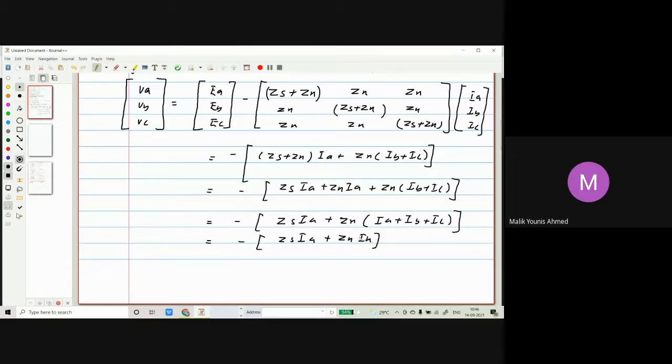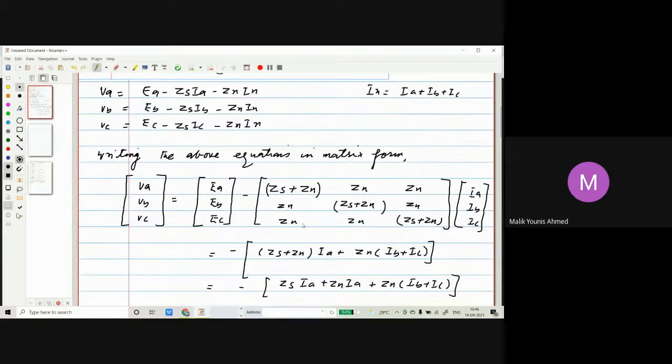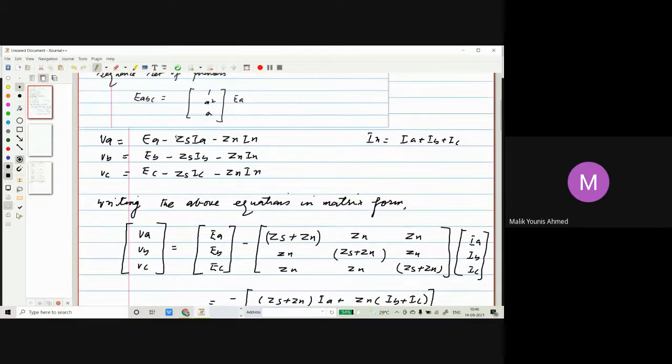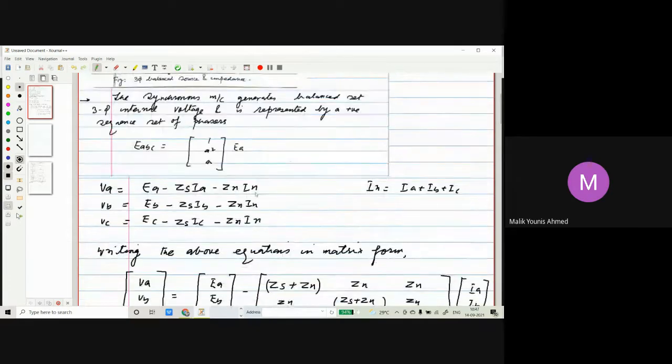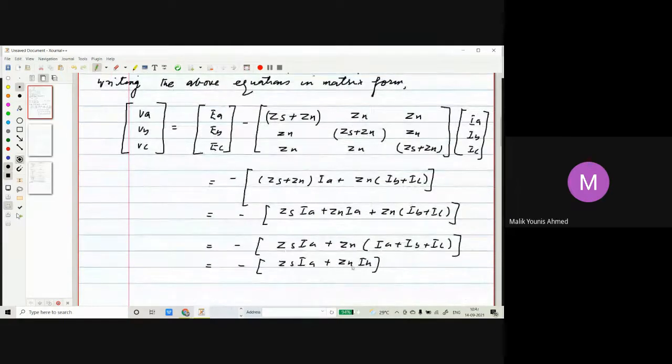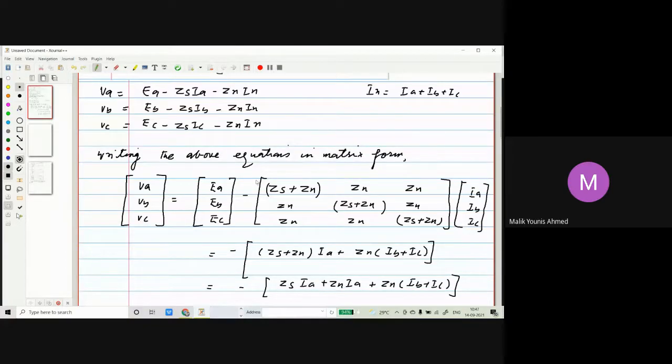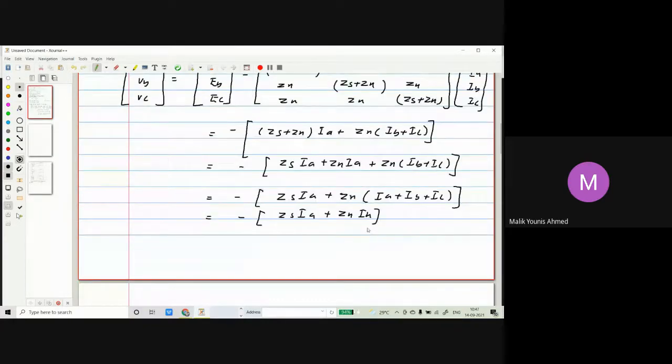So you take ZS outside, that is ZS IA plus Zn IN. This was originally there, so instead of this, we can write this. That's what we have written here. We can solve this, and it exactly becomes the same as the original matrix. There's no difference at all.